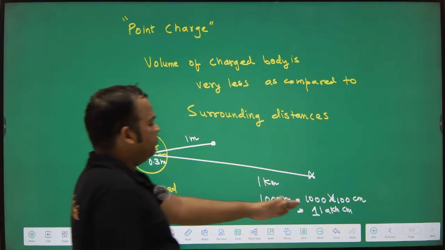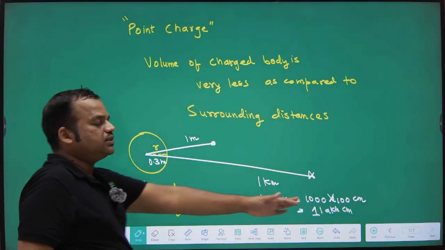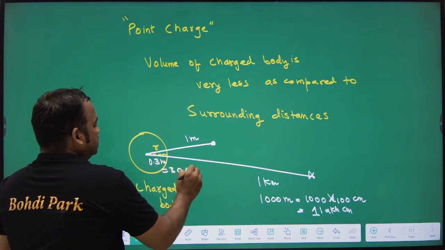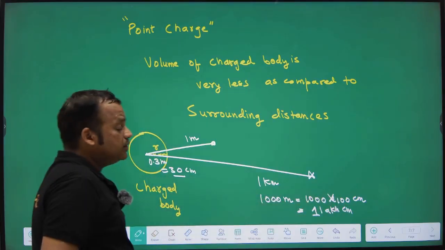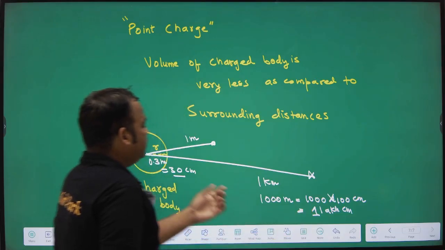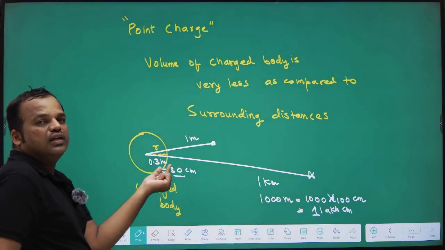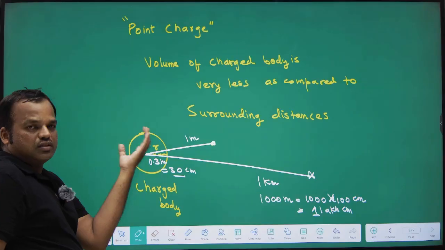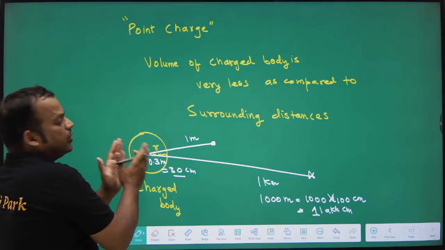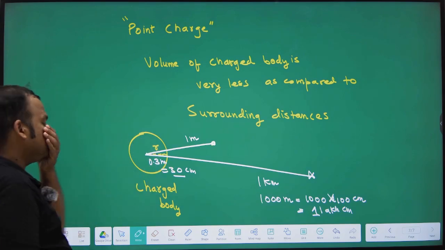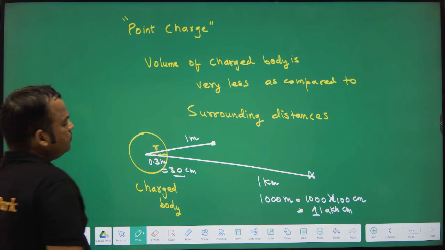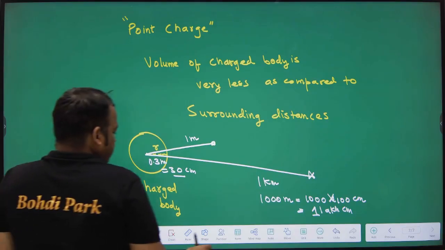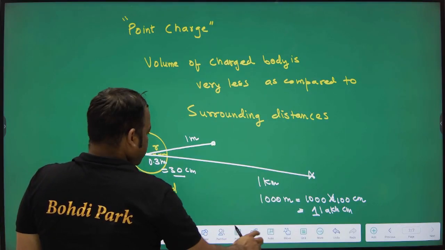This distance is very large as compared to 30 centimeter. So for this much distance, I can call this charged body a point charge. This is one meaning of point charge. There can be multiple point charges.